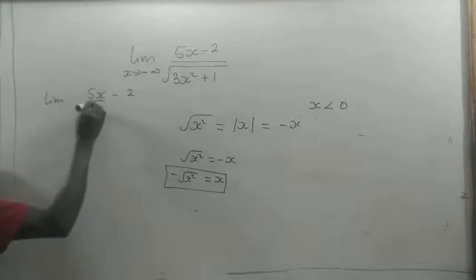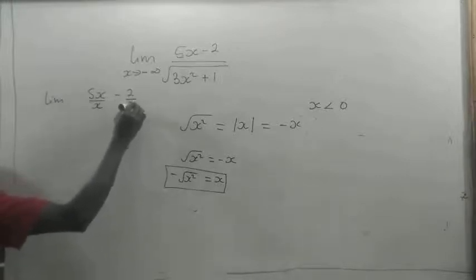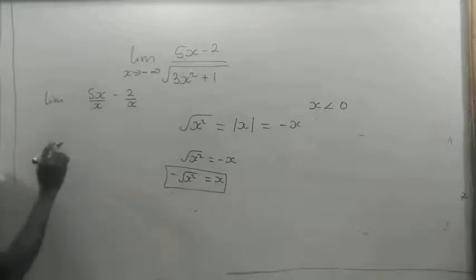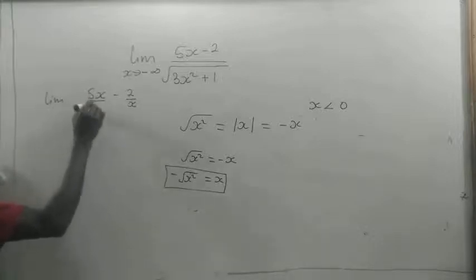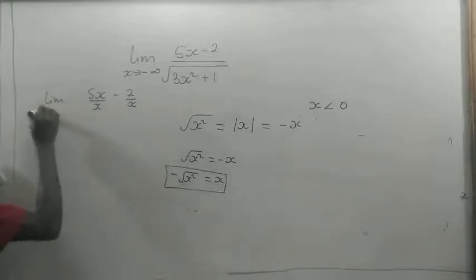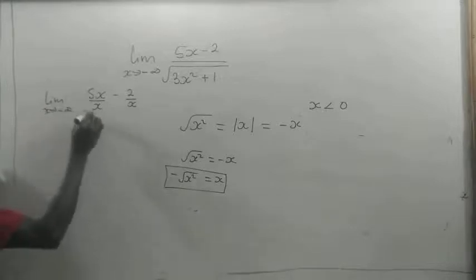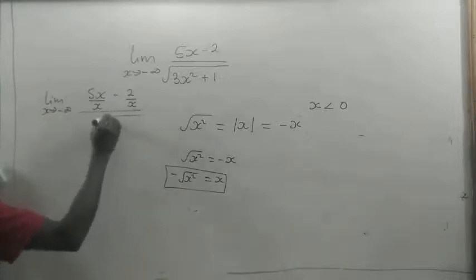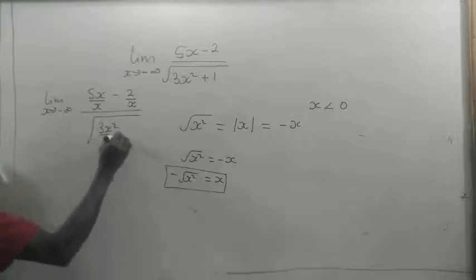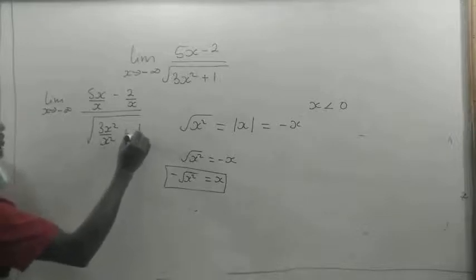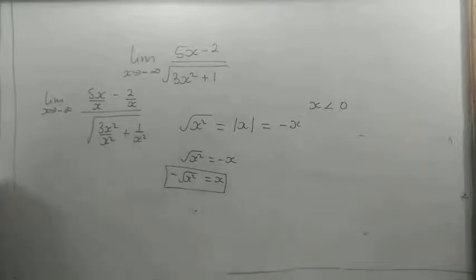We divide this one by x, and we divide this one by x, as x approaches negative infinity, all divided by the square root of 3x squared divided by x squared plus 1 divided by x squared. But what do we do? We attach the negative sign, because we have the negative here.